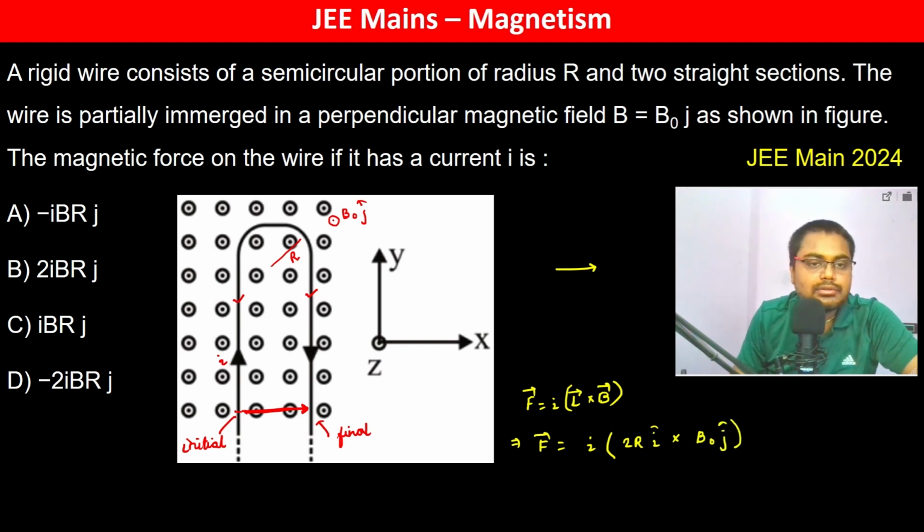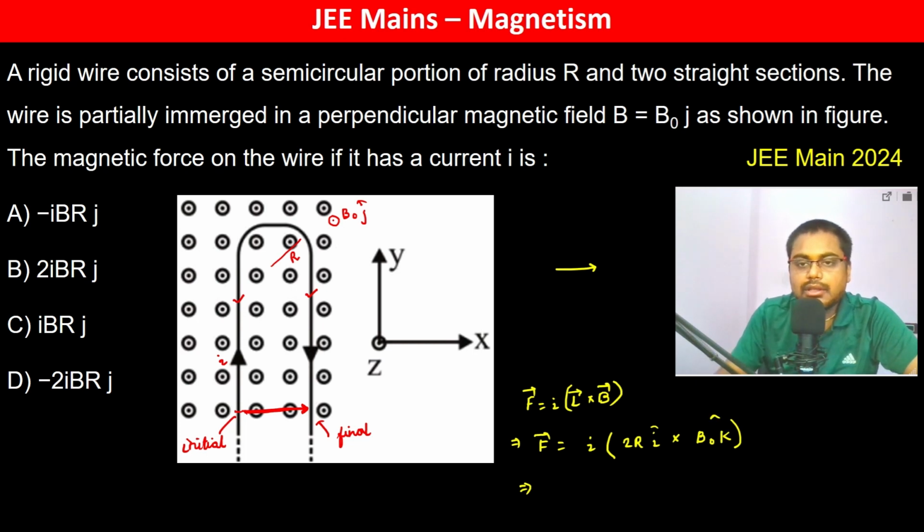Okay, just a minute. No, it is having Z above, so it is not B naught J cap, it's B naught K, because it's in the upward direction, so it's in the K direction.